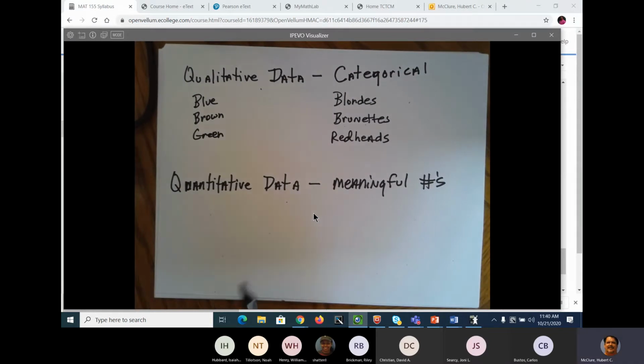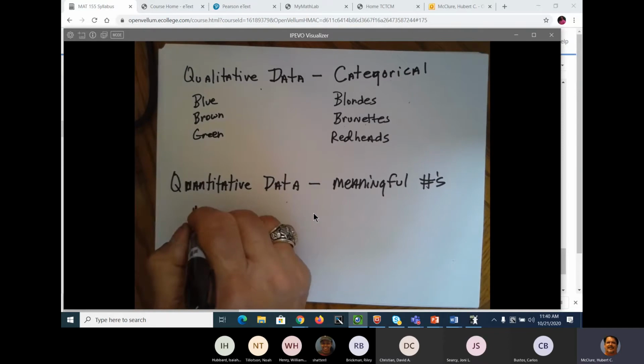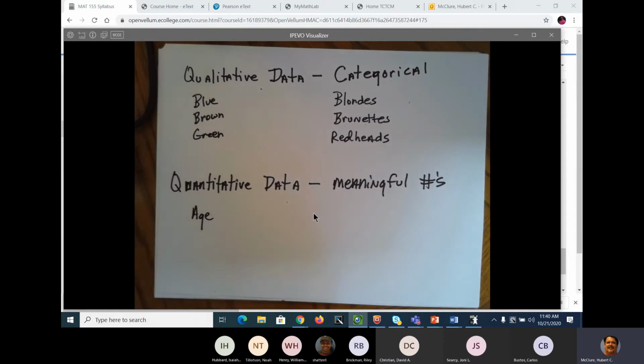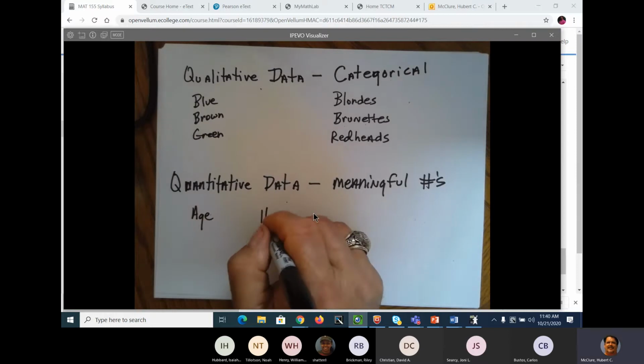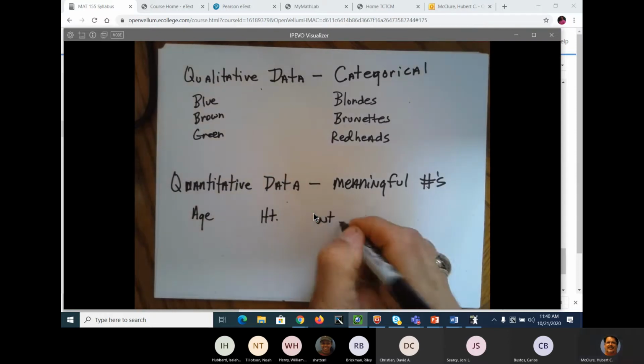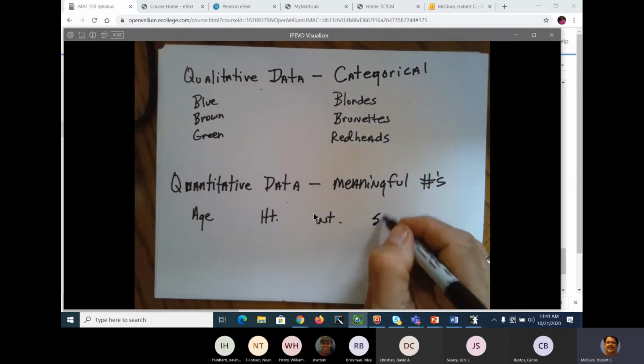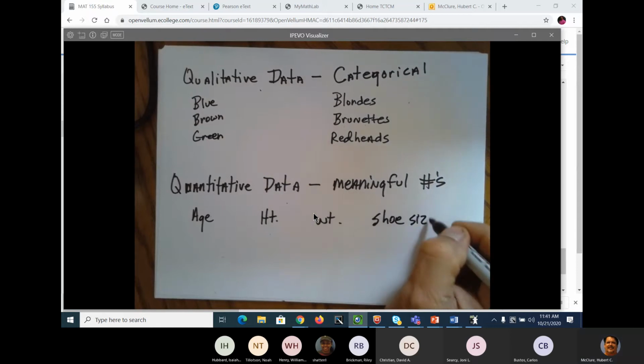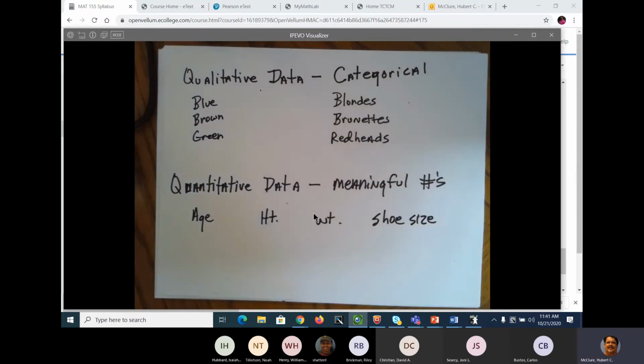Quantitative data would be age, finding the ages of everybody in the class. Shoe size, height, weight. That's the difference between qualitative data and quantitative data.